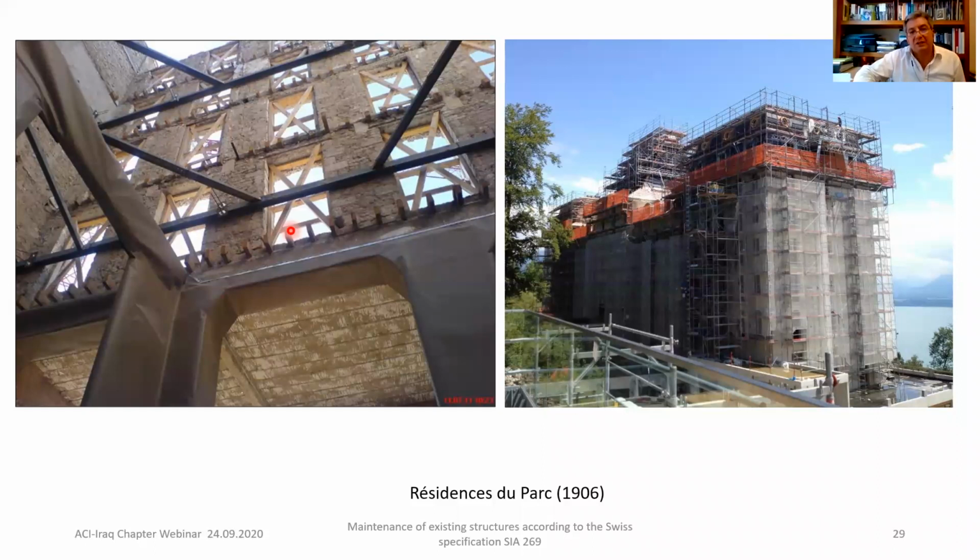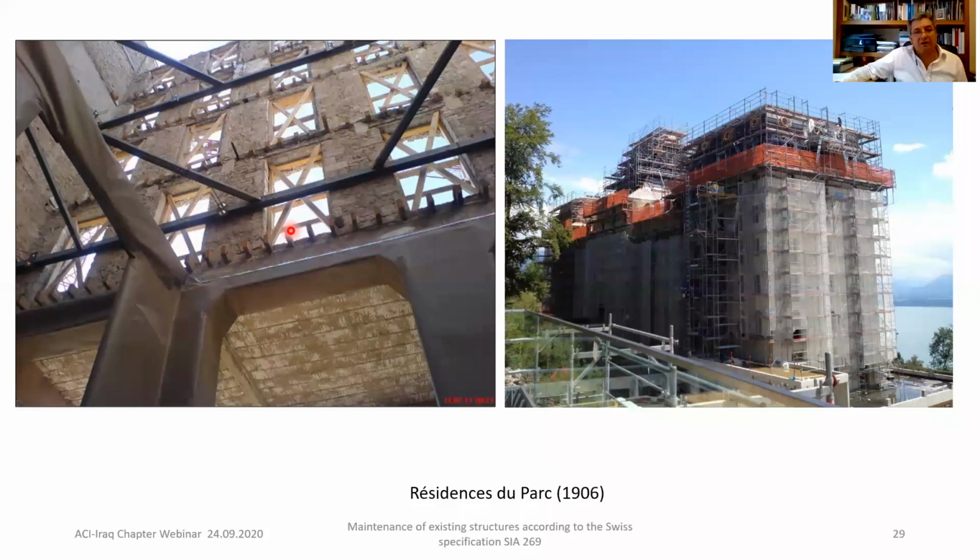The new use for this building is to construct 24 luxury apartments, and therefore the quality of the building itself must be very important. It must be high class.